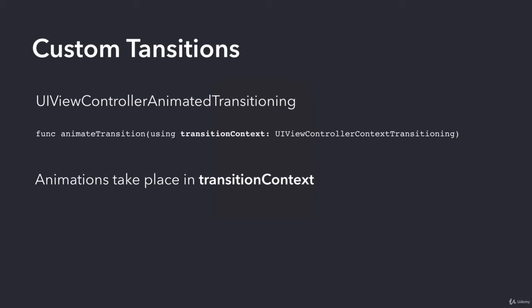What we have to do here is add the view being presented to the container view's hierarchy. We get this container view from the transition context, and set up any animations we want to happen in that container view. So the hierarchy is going to look something like that. We get this container view from our transition context, and here we have it. This is where everything takes place.